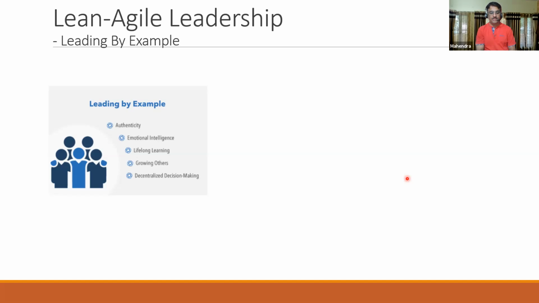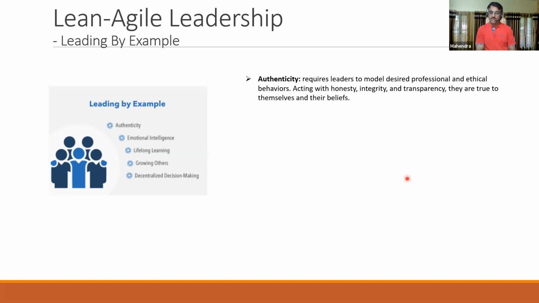They lead by example. So authenticity: they need to be really transparent, honest, with integrity. These are foundational. You can't have leaders who don't exhibit these attributes and expect them to lead a lean and agile transformation.